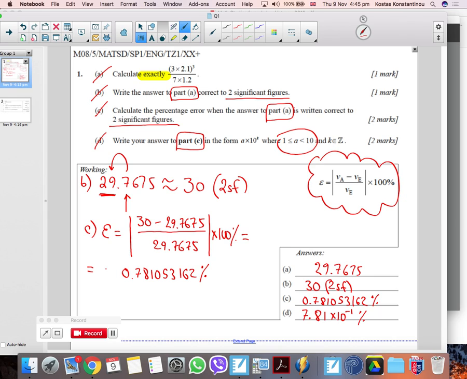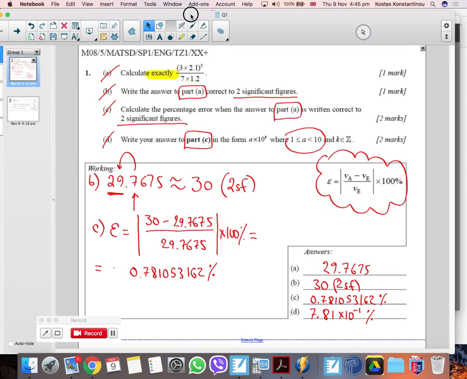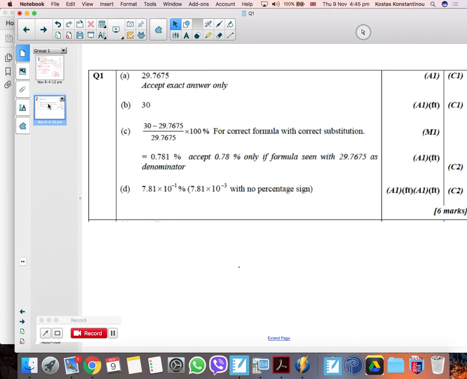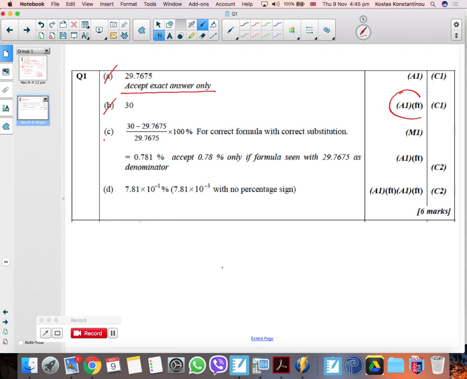The last thing I'm going to double check, I'm going to see my answers, okay? 29.7675, they accept only the exact answer. For B is 30, but you get a follow through if you round it using the wrong answer from part A. For C, you get 1 method point, so that's very important for correct formula with correct substitution.